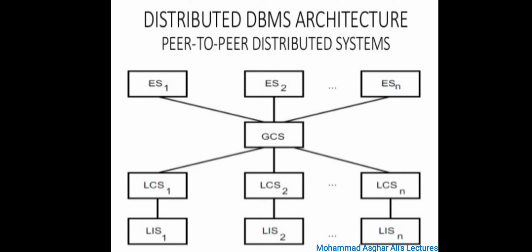The first one is the external schema. The second one, LCS, denotes the local conceptual schema. And the last one is the internal schema. It all works just like client to server, server to client.